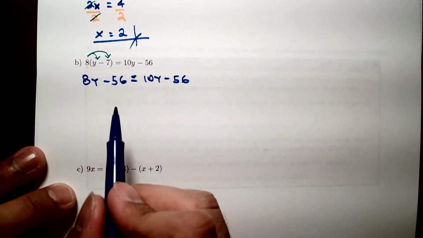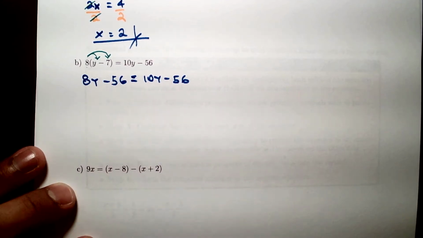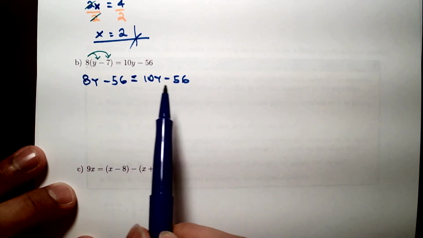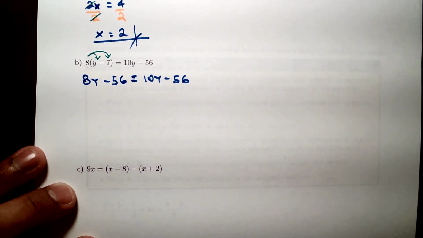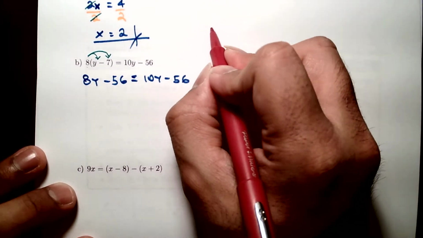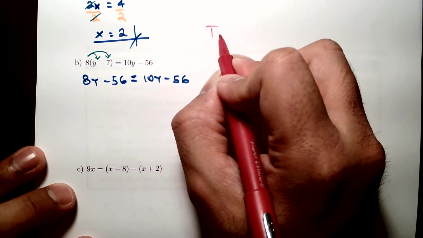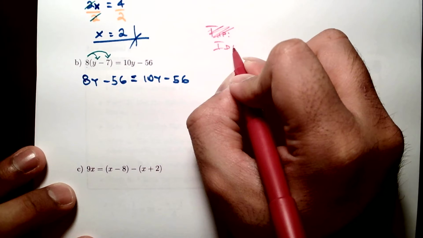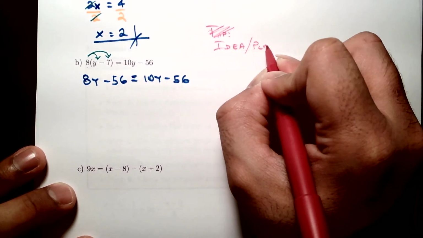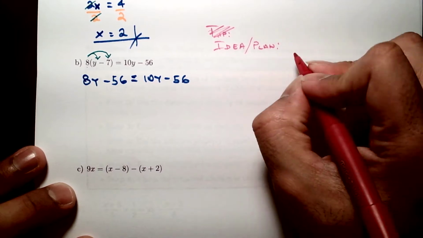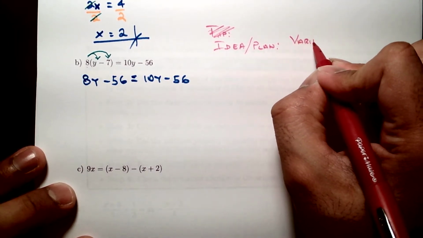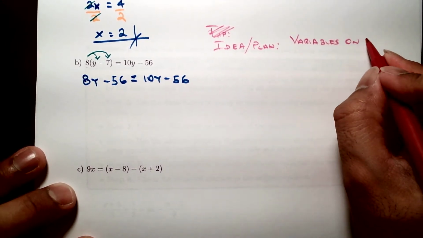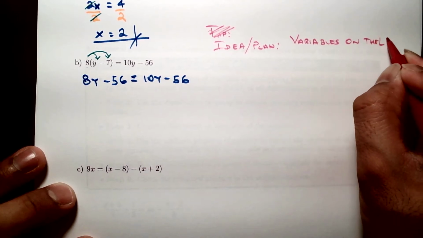Now that we have everything without parentheses, we're ready to move variables to the left hand side and constants to the right hand side.